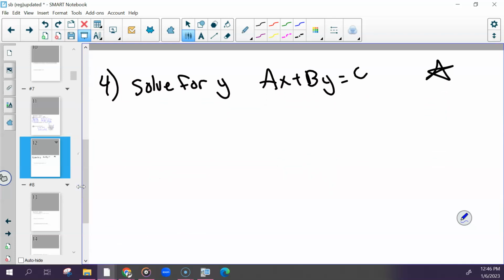Then number 4, you have to solve this for y. So this is going back to our solving literal equations. We're trying to get y by itself, so we would subtract ax from both sides. We have by equals c minus ax. Then you're trying to get y by itself, so you would get rid of the b by dividing everything by it.